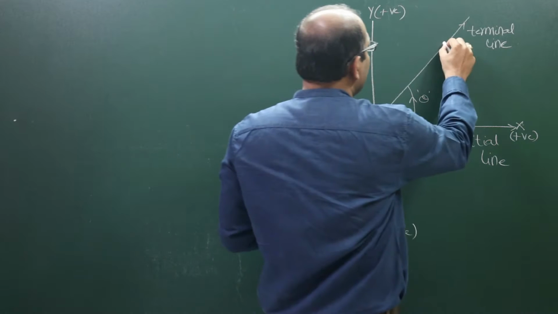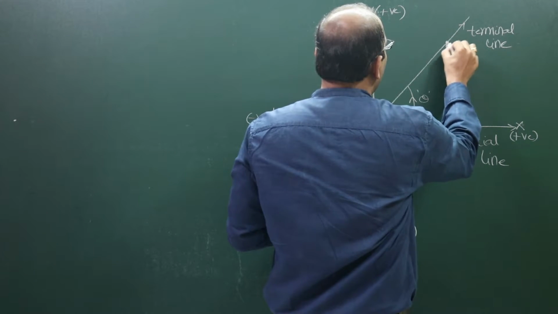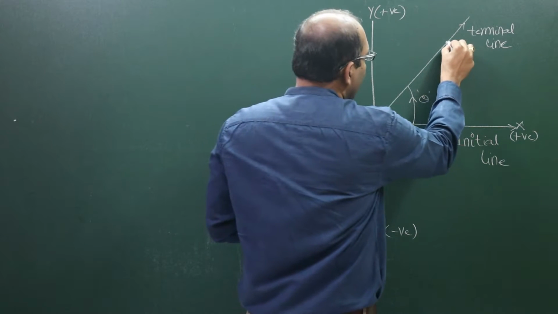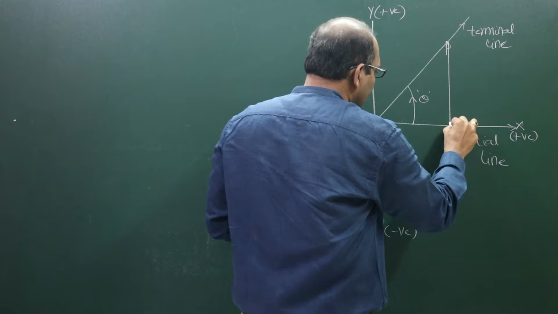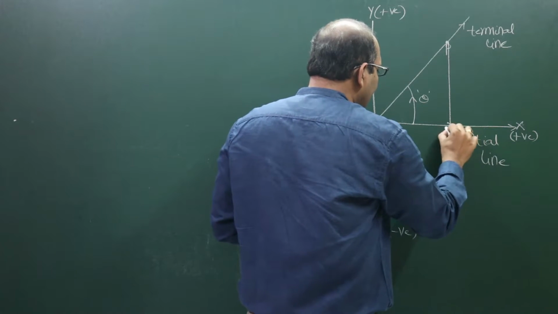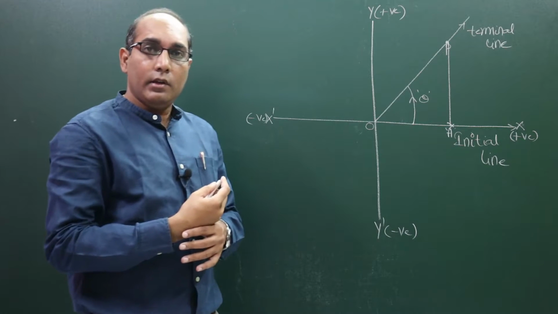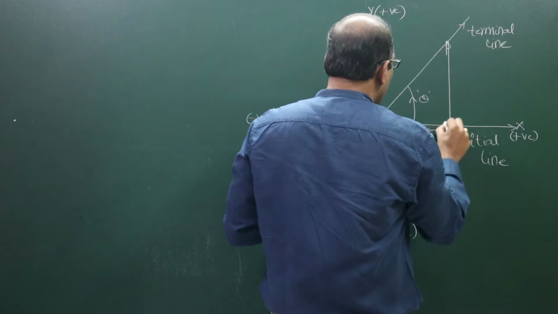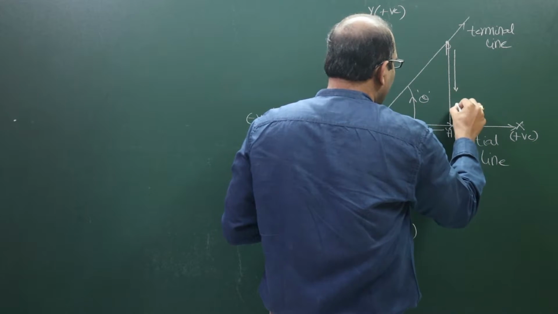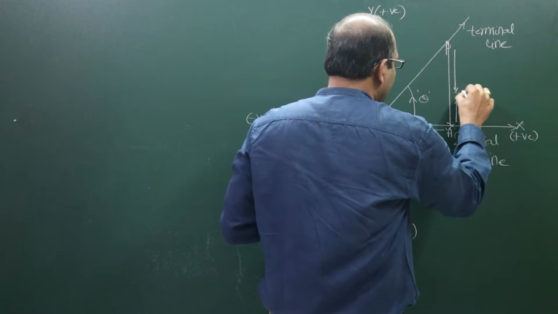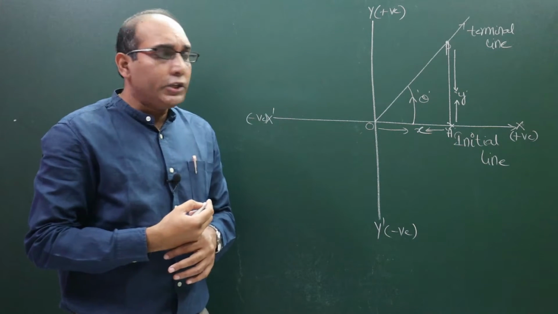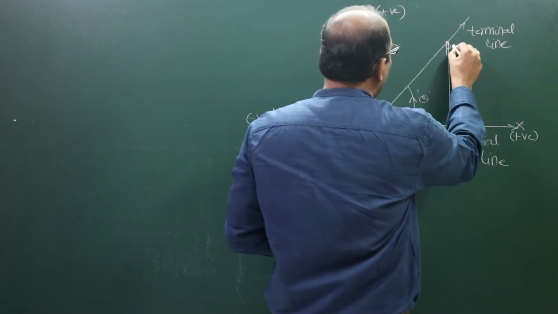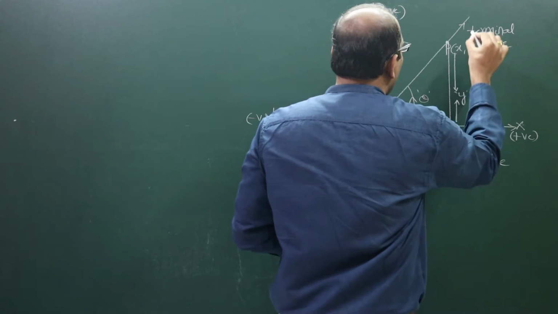Now let us consider any point P on the terminal side. Draw a projection from P to x-axis which meets at capital A. Let OA be some x and PA be some y. As per the coordinate geometry, this is x, this is y, then the coordinates of P will be obviously x comma y.